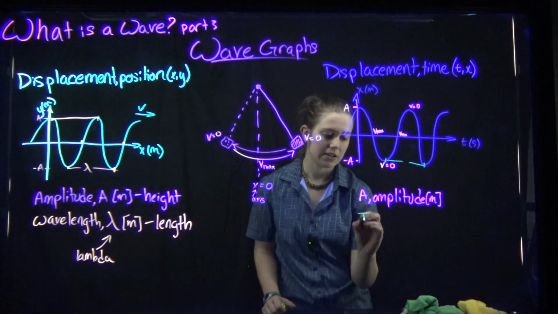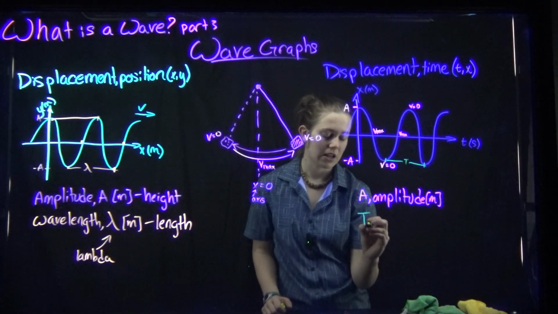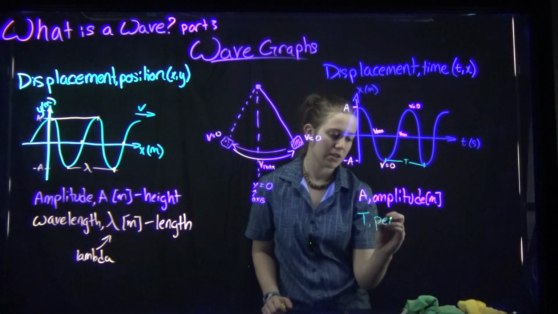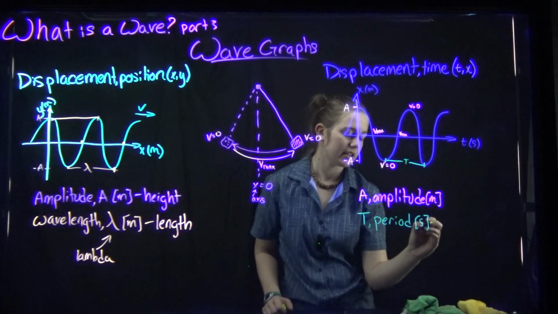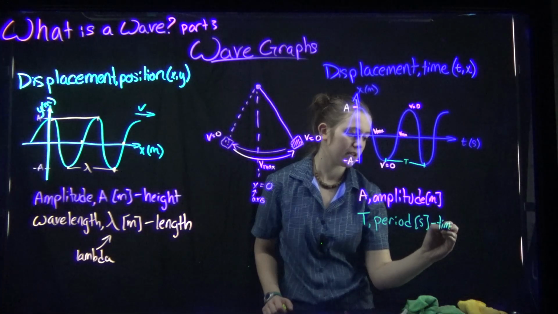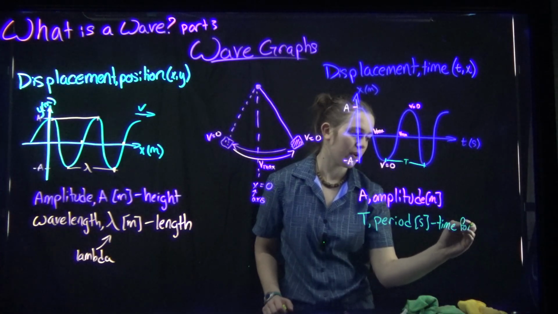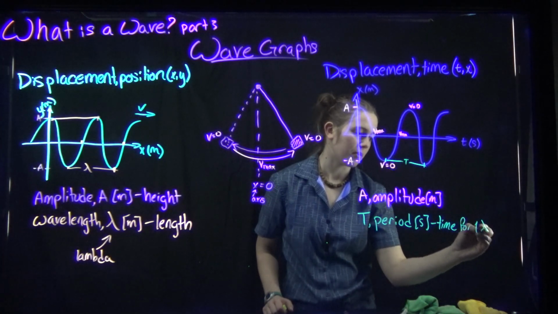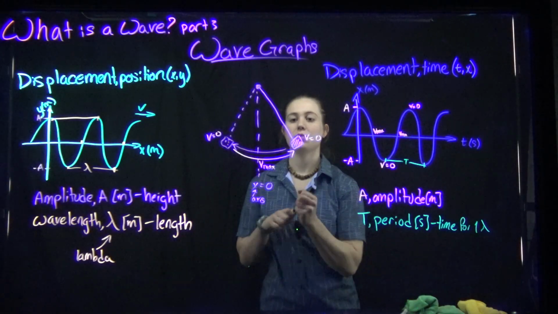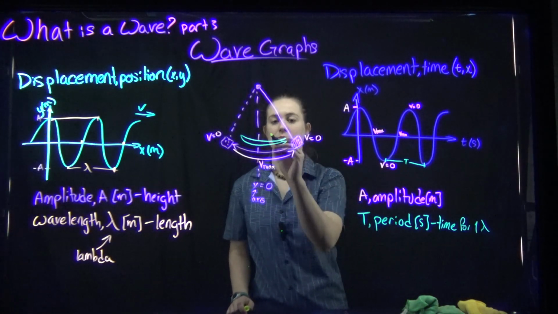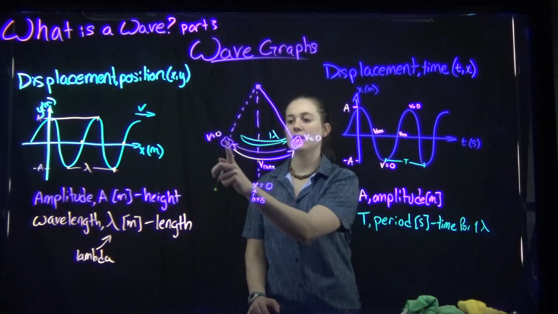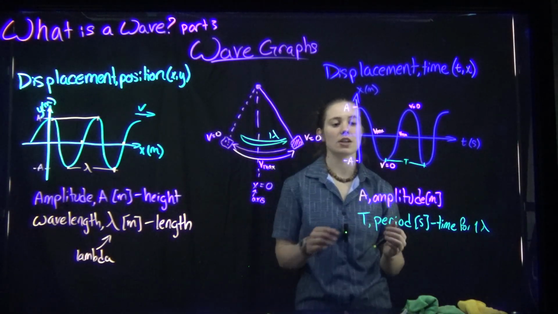We call that T, capital T for period, units of seconds, and it's the time for one wavelength. One wavelength would be us going like that.